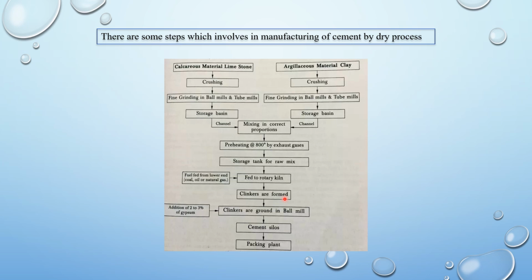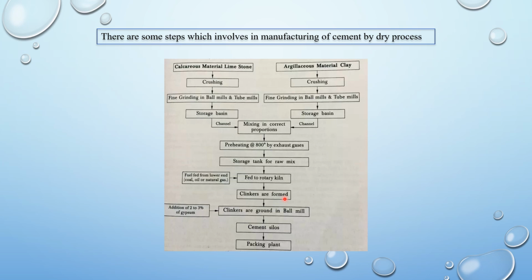So students, this was the flow sheet diagram of the dry process. I'm going to explain it again. First of all, raw materials are crushed, then fed into the fine grinding ball mills, from where they are stored in the storage basins.